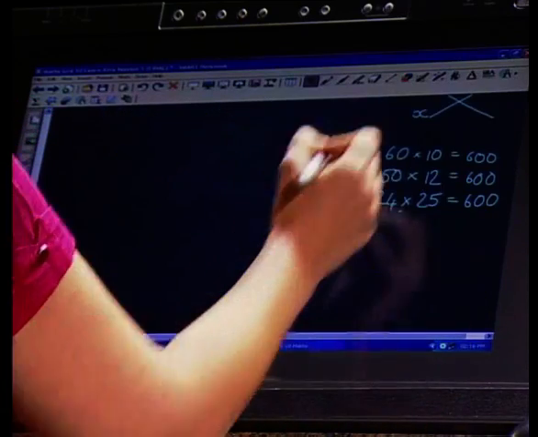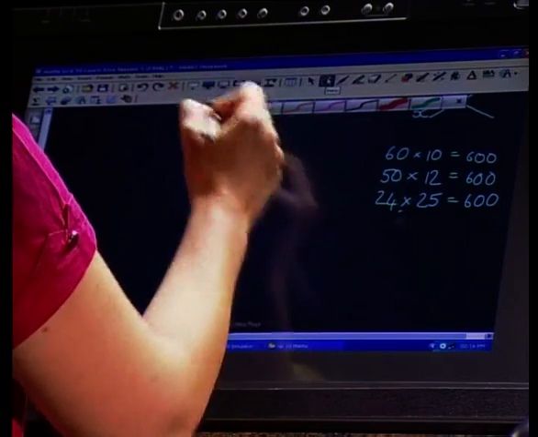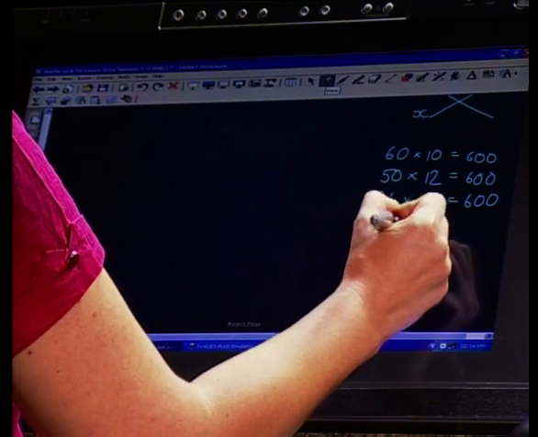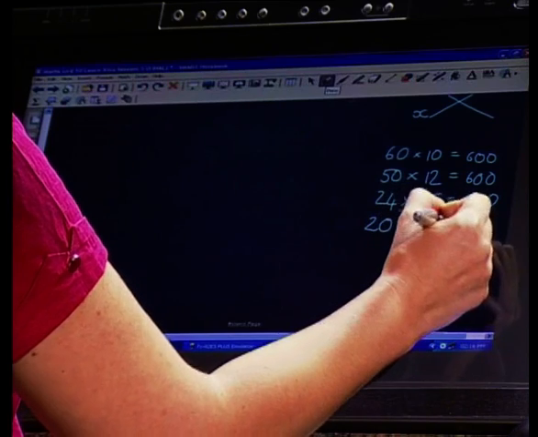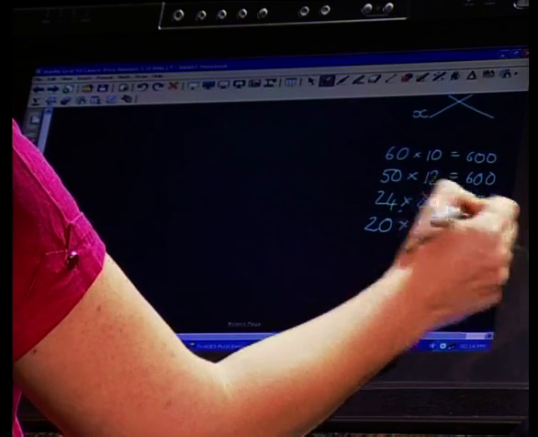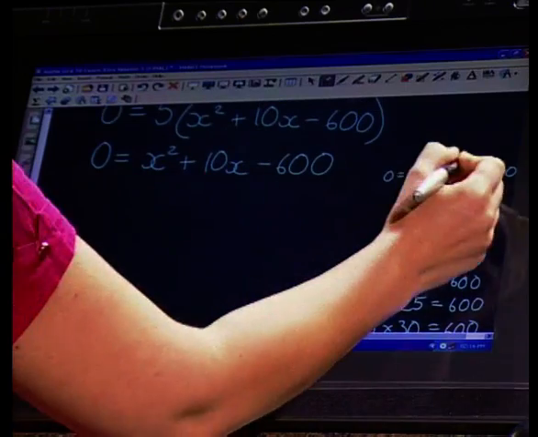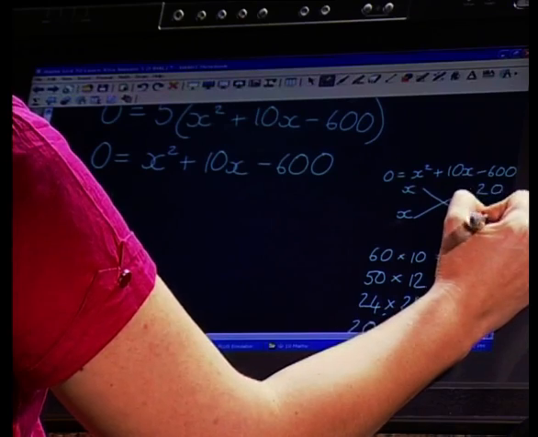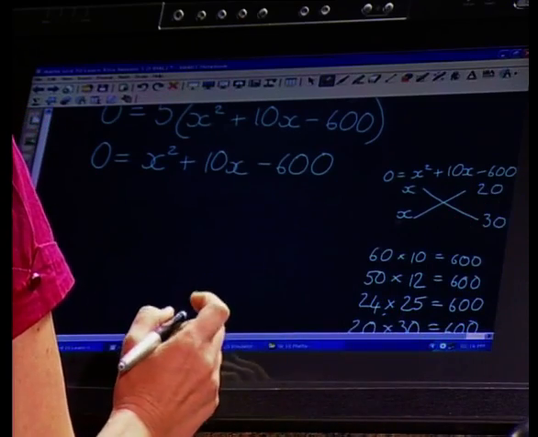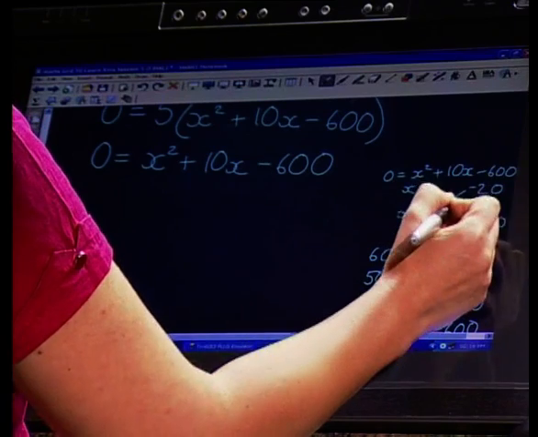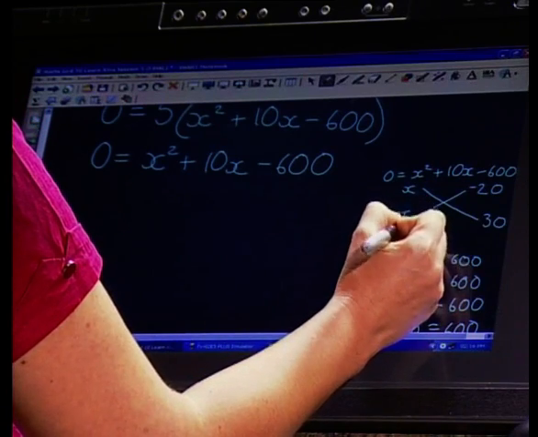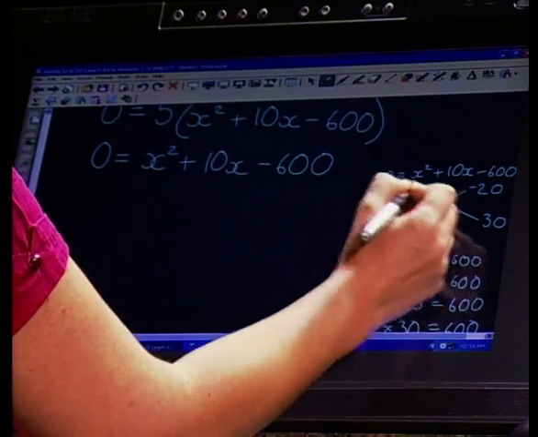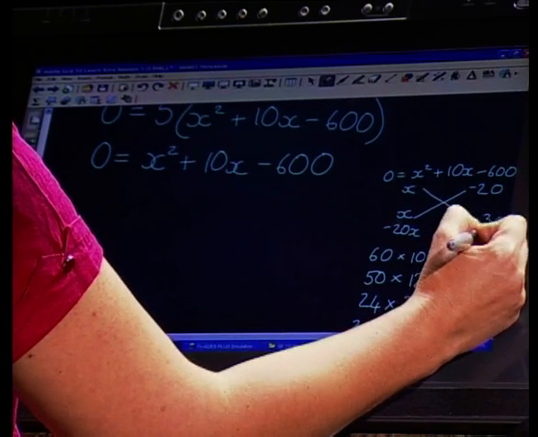Let's make some more space. 20 times 30 gives us 600. And we need our middle term to be plus 10x. So when we write down the 20 and the 30, which one's going to be negative? It's going to be the negative 20. Negative 20 times x is negative 20x. x times 30 is 30x.